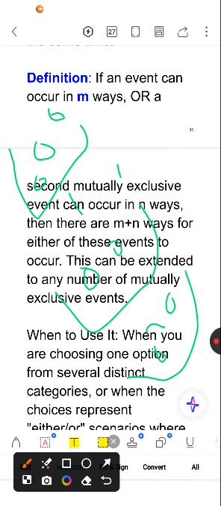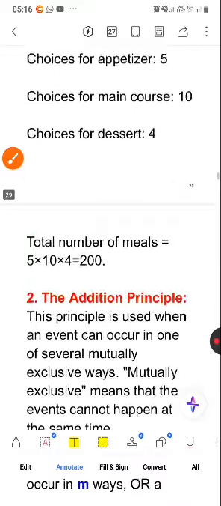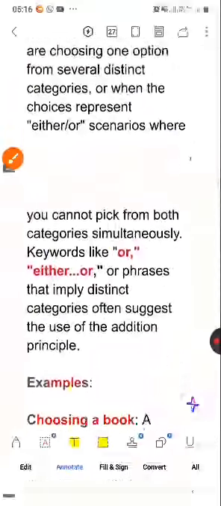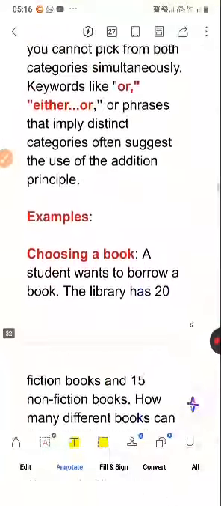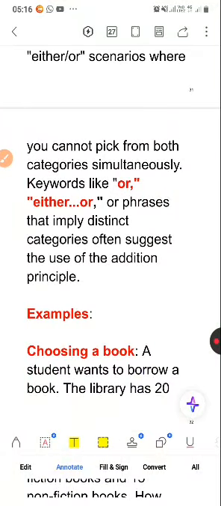In this case, we use the addition principle. Most of the time when it comes to multiplication, we use the word and, or followed by. 2 and 2, 2 and 3, 2 and 4, 2 and 5, or 2 followed by.